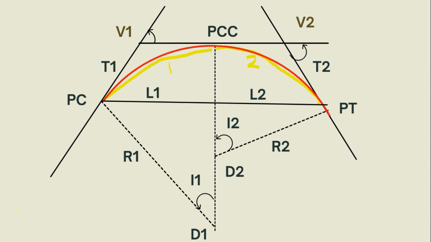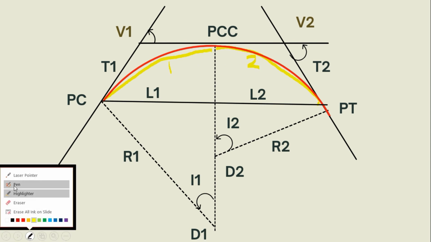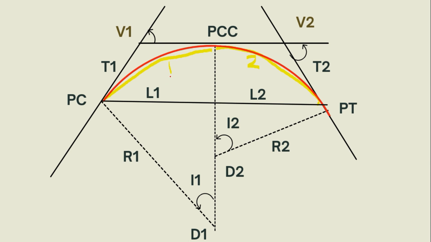So these are two simple curves, and each curve of course has its respective length of the tangent distance, the vertex, the length of the curve, the length of the chord, the degree of the curve, and the central angle of the curve. As you can observe, there is T1, T2, so those are the respective elements of each curve, since as mentioned, it is composed of two curves.